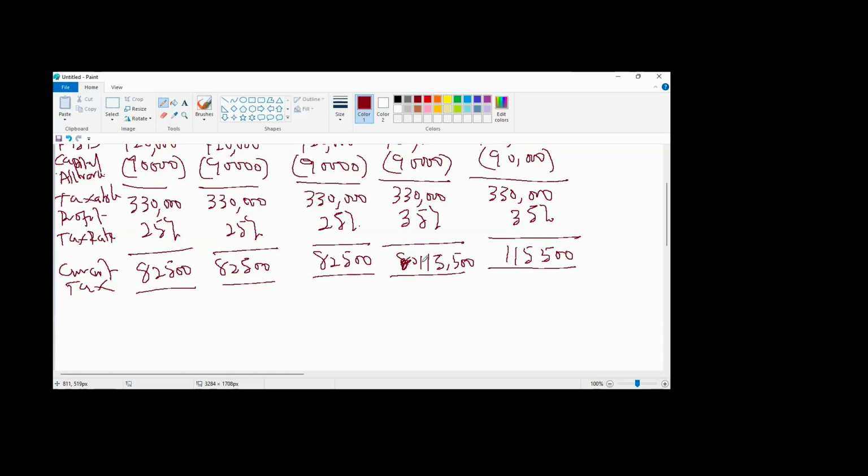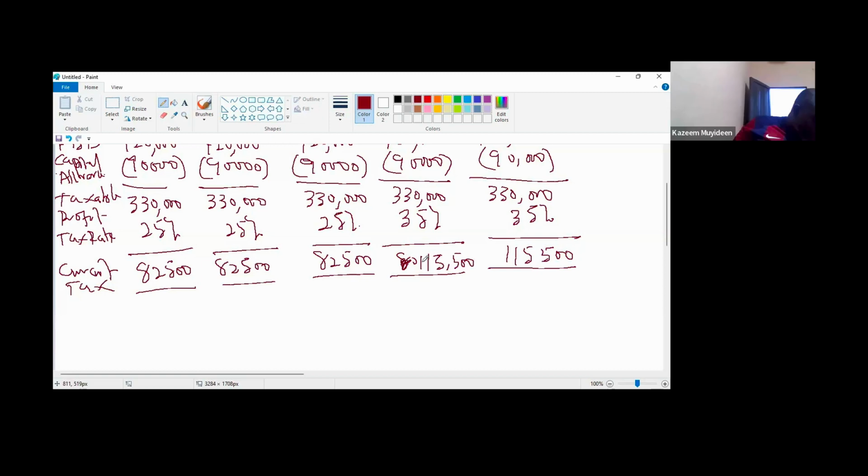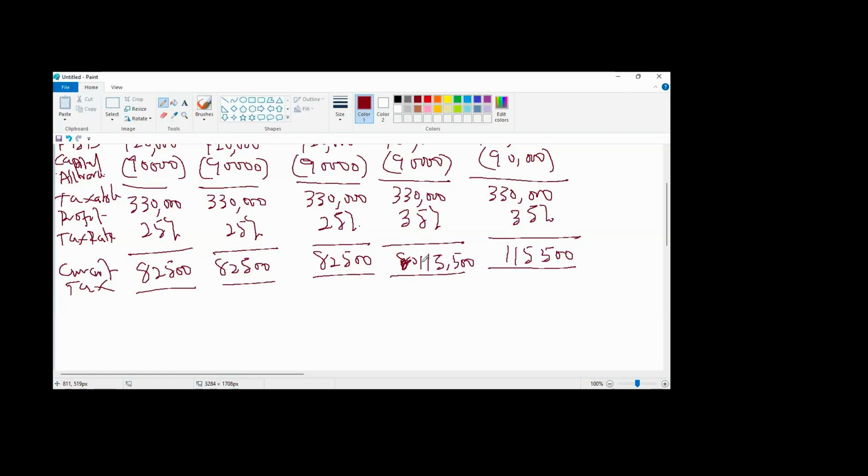The second requirement: calculate the deferred tax balance and charges for the year ended 31st December 2000.